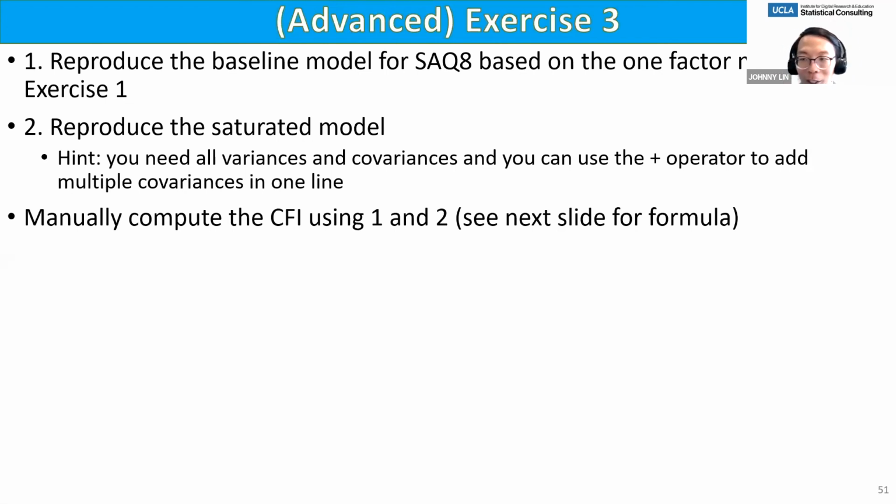The key operator here is the double tilde. You need the double tilde to fit all these, and then you need plus. That's pretty much all you need to fit these models. And then you just need a calculator to calculate the CFI. You can also type it into R and let R calculate it for you.